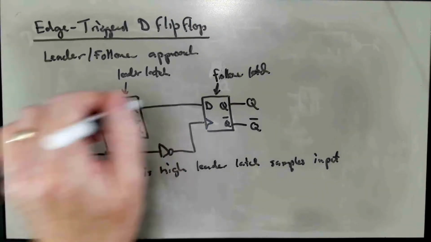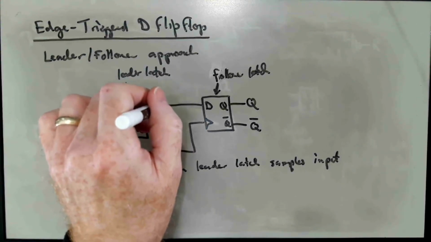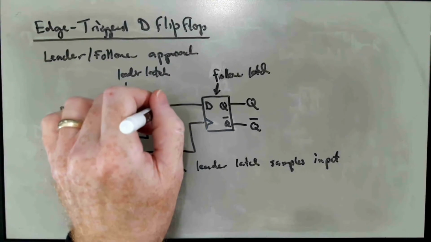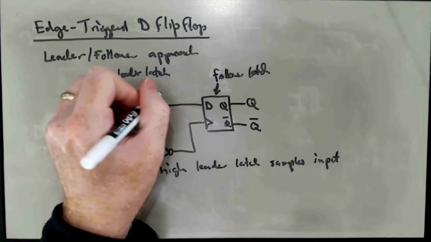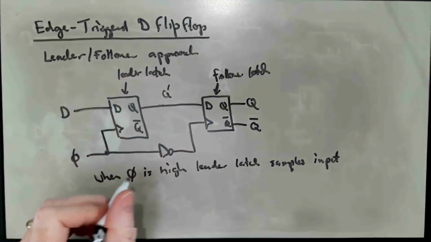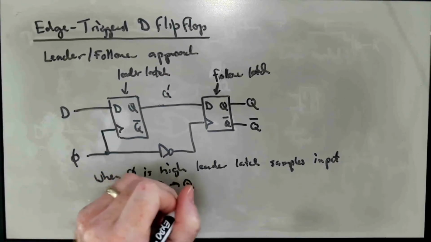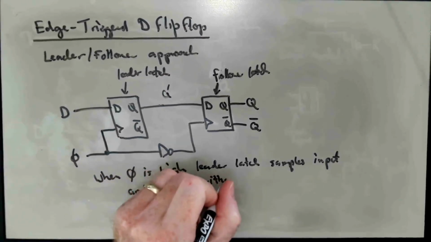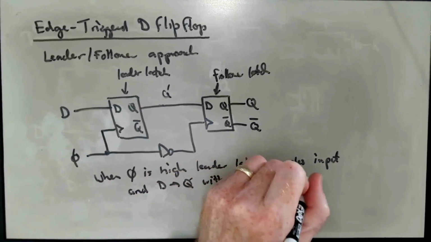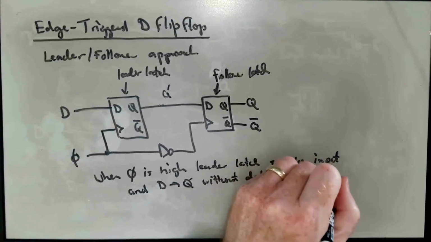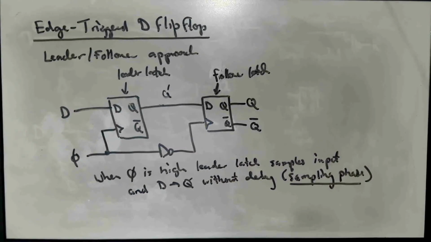So the value that the input has during the sampling phase will immediately appear here at this intermediate node. And we'll call this maybe Q prime or something. And D propagates to Q prime without delay. And this is the sampling phase of operation.